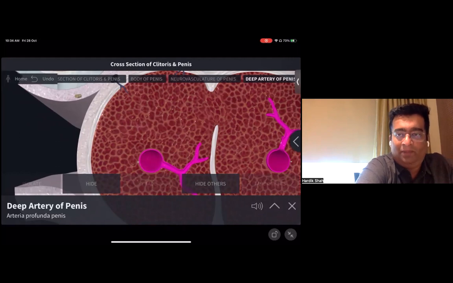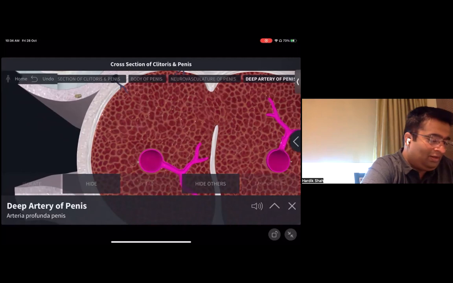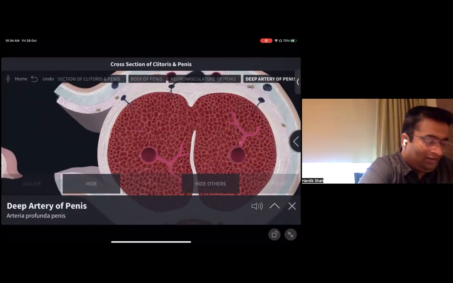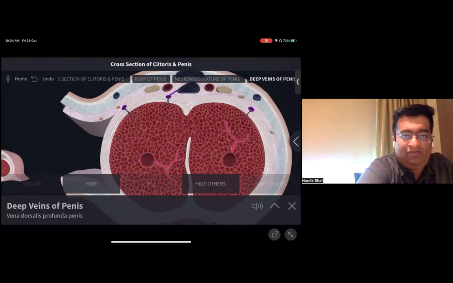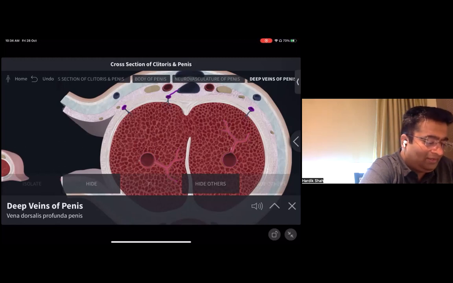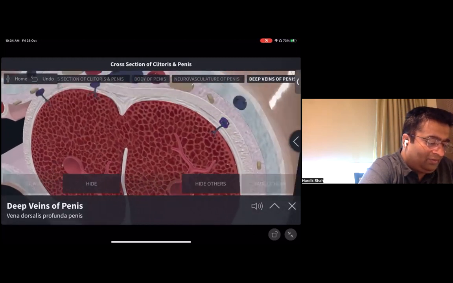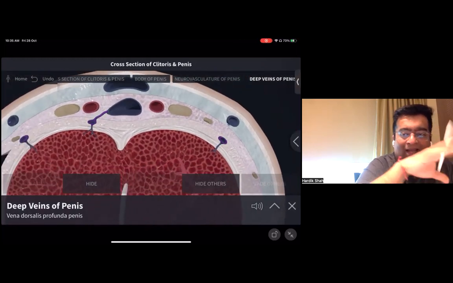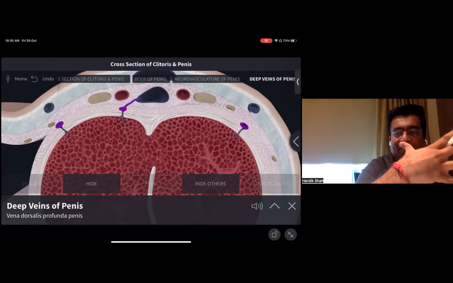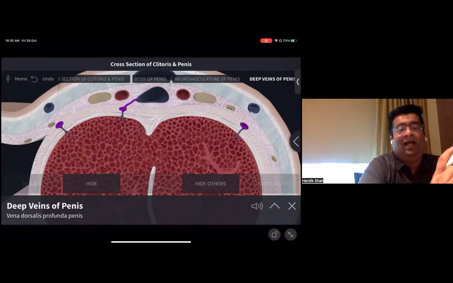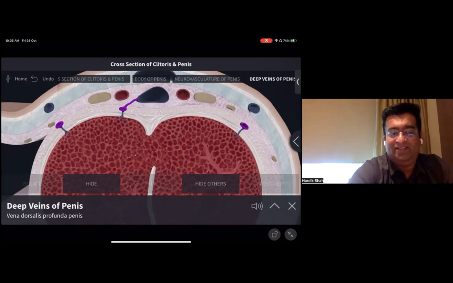Now these sinusoids will get filled with blood, and under sexual stimulation, the drainage pathway for this blood, that is these veins, which are now highlighted in violet here, get constricted. So because the veins get constricted, blood accumulates within these muscle spaces, that is in the sinusoids, causing the muscles to expand. And because these spaces expand, it makes the penis hard and erect under sexual stimulation.